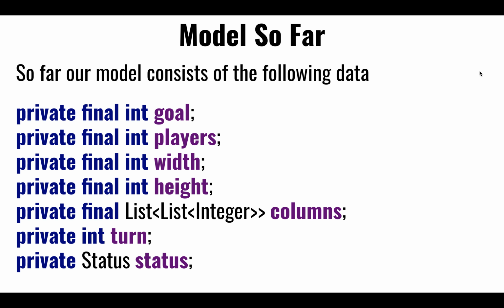We have a couple of variables that keep track of the current state of the game: whose turn it is, what current status we are in, and also the position of the different tokens on the board, which is a collection of collections here. So these three variables, the columns, the turn, and the status, keep track of the state of the application.